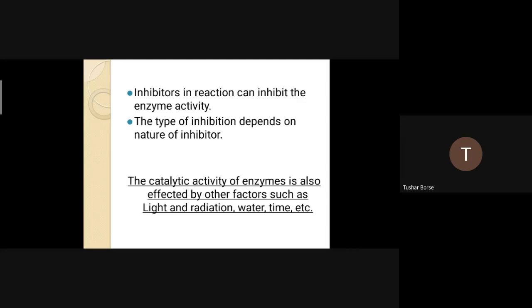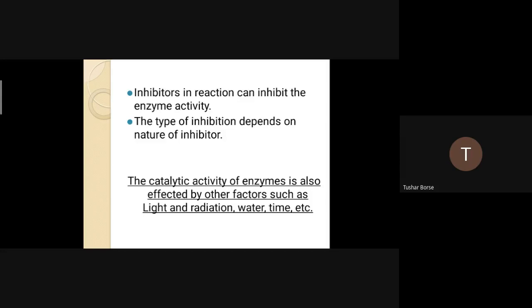The next type of inhibitor is the competitive inhibitor. In this case, the inhibitor mimics the substrate and competes for the active site on the enzyme. This type of inhibitor is called a competitive inhibitor.